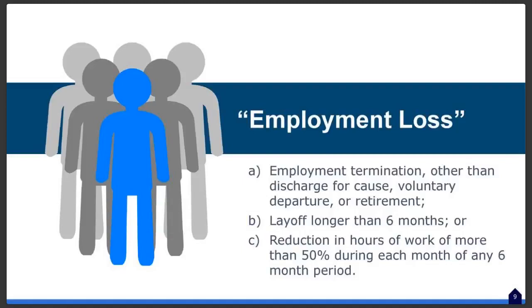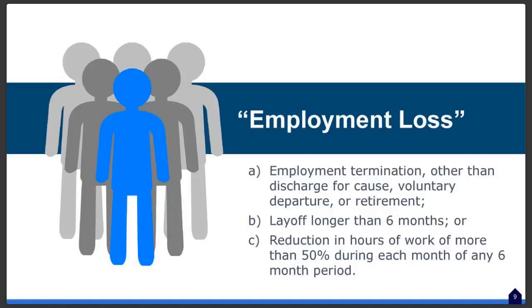And then finally, even for employees who don't get days or time off as a result of the employment loss, the reduction in their hours of work by more than 50% for a 6-month period would also qualify as employment loss.